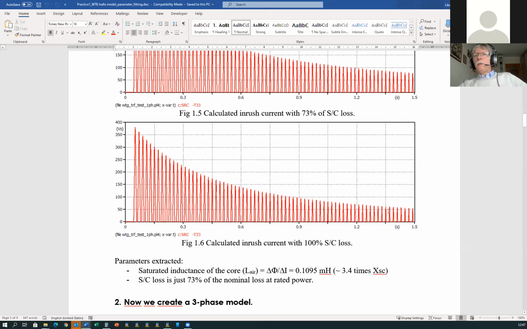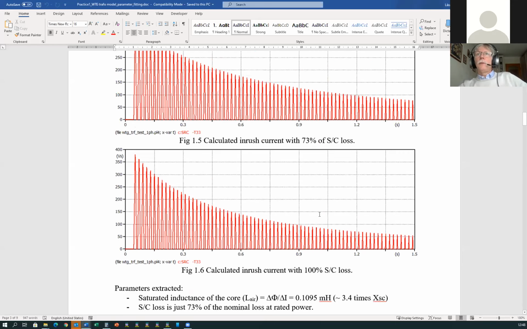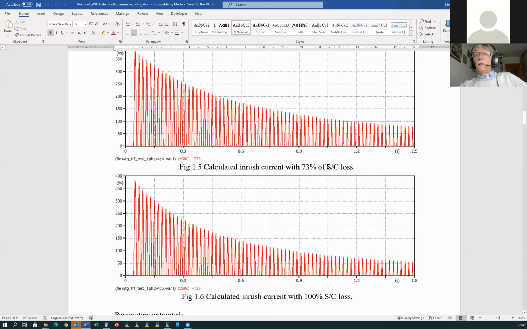This damping is important because it is the main controlling factor for the voltage dip. So this fitting showed that not the total short circuit loss has to be considered, just 73 or 70% of it.